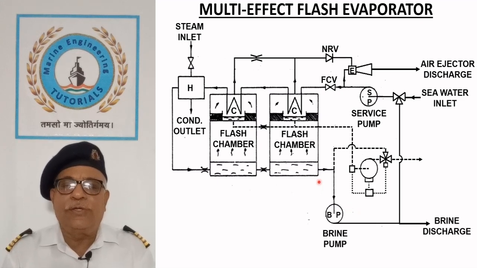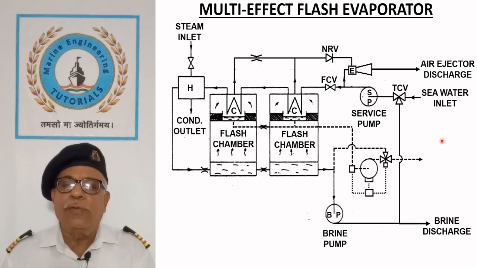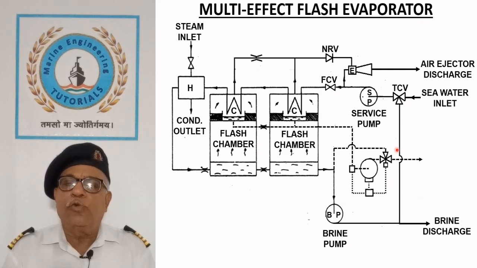Unevaporated water is discharged overboard by the brine pump BP. Part of this water is returned to the inlet of service pump SP through temperature control valve TCV to maintain inlet temperature at 30 degree centigrade.